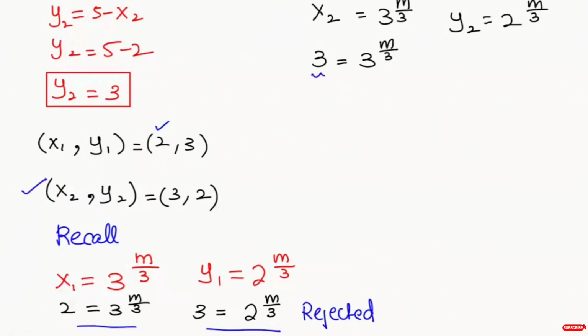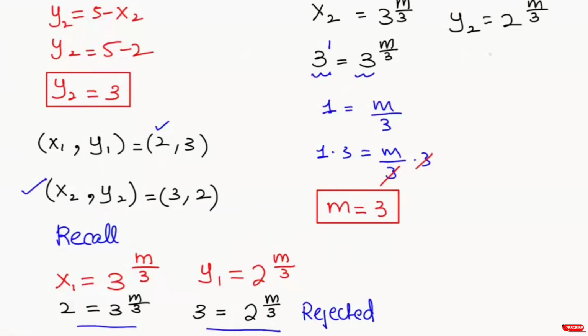Here we have the same bases, so we can equate the powers. 1 is equal to m over 3. The 3 is dividing, so we multiply both sides. Here this and this are going to cancel out, so the value of m found from x2 is 3.